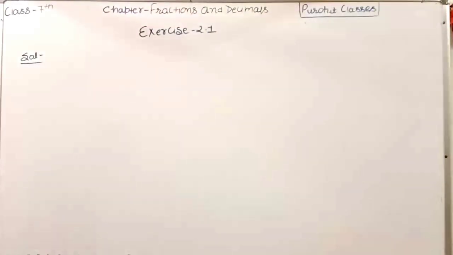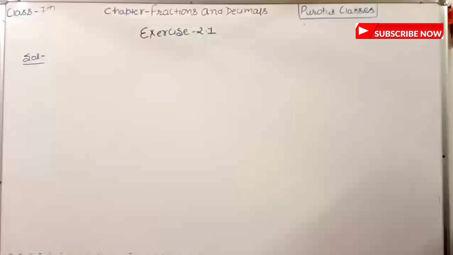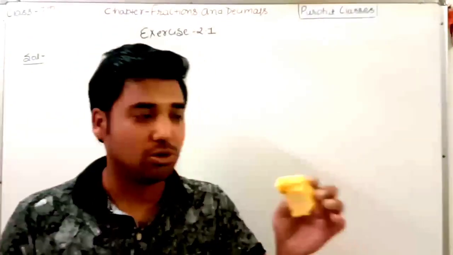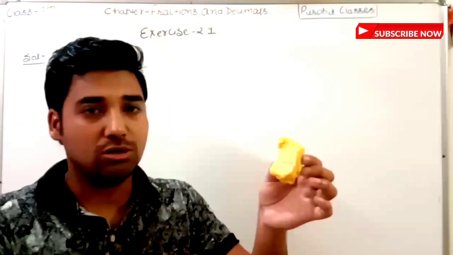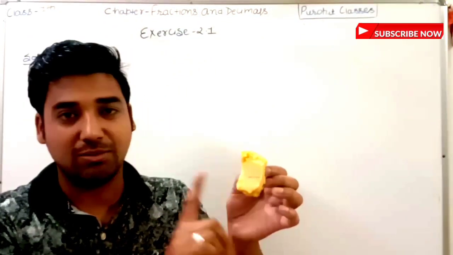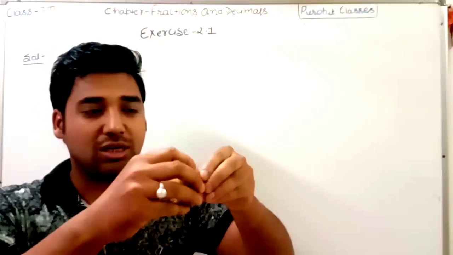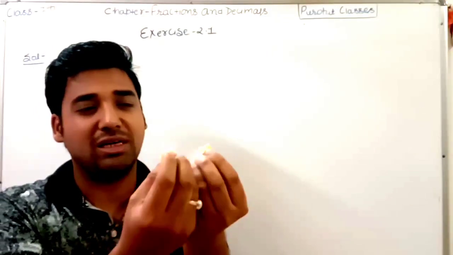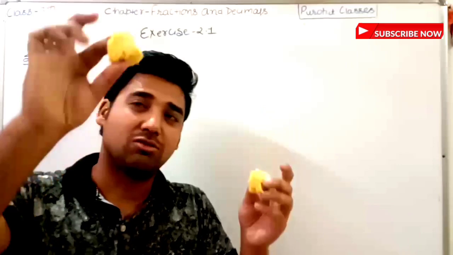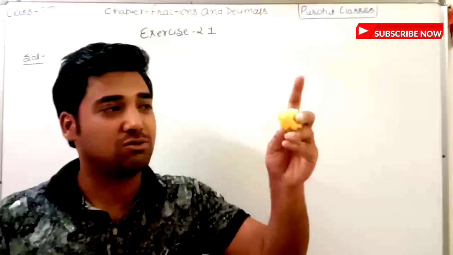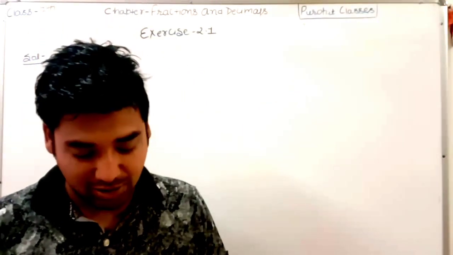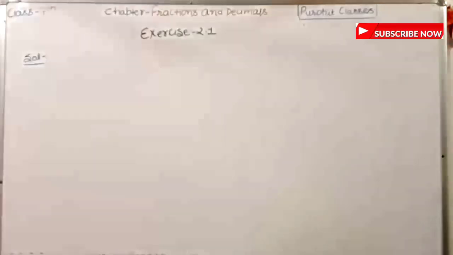Understood? One more example. Suppose I had this piece of sponge, and if this is whole, it will be represented by number 1. But if I divide it into equal parts, this will be represented by 1 by 2 and this will also be represented by 1 by 2. Getting or not?